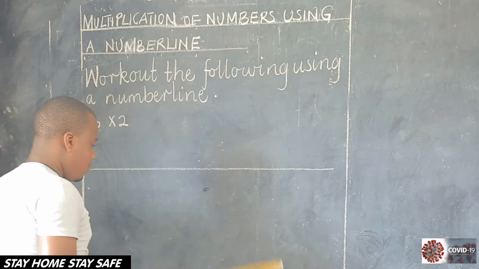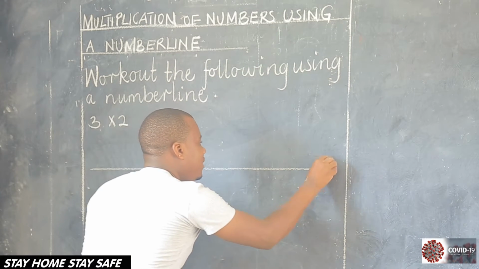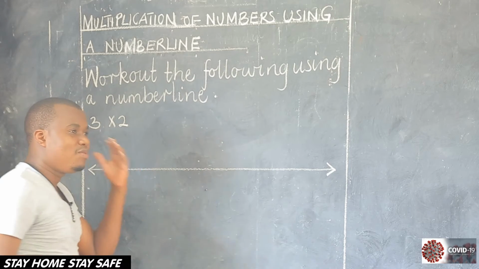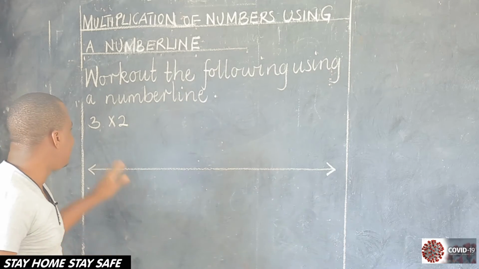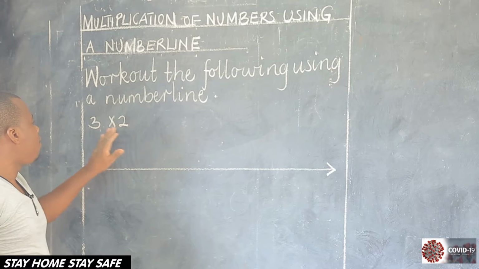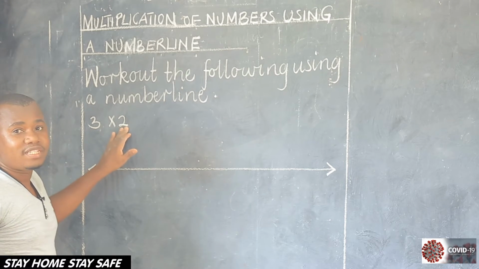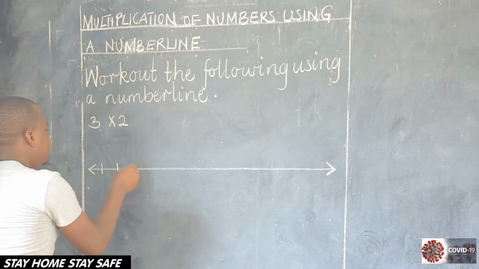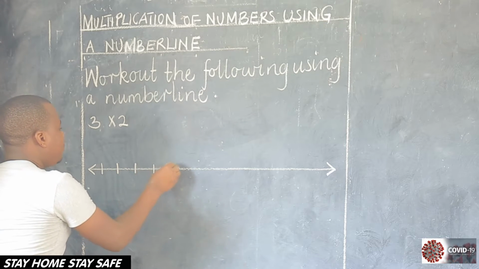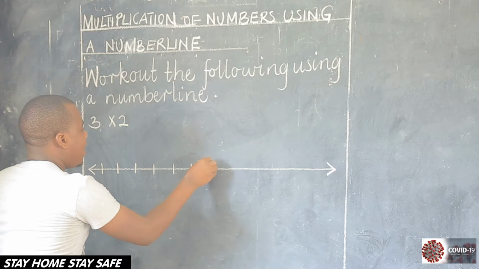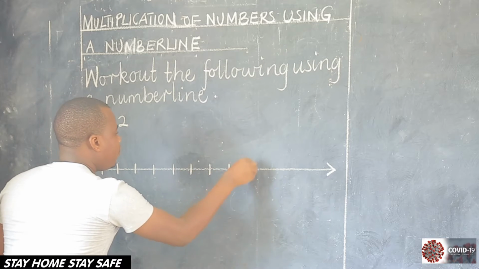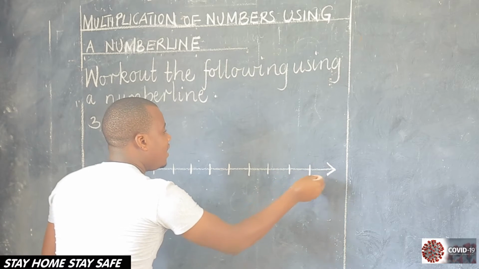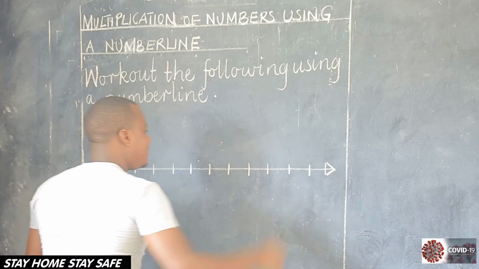We are going to draw a number line. These 3 jumps of 2 steps, you just have to interpret it in the brain. What is 3 times 2? 3 jumps of 2 steps on a number line. So we are going to have the integers indicated, and I told you, put as many as possible, and you must make sure they are running at equal distance.